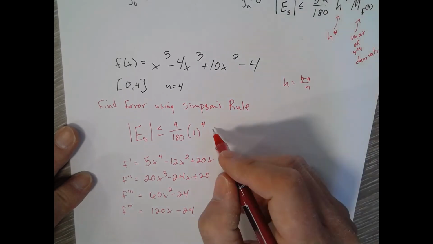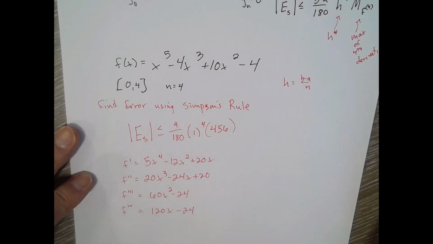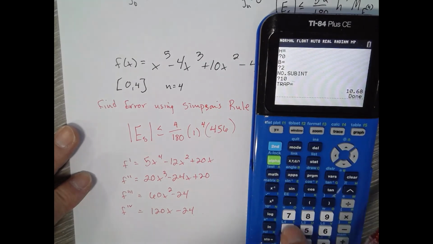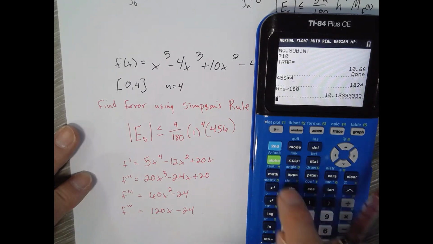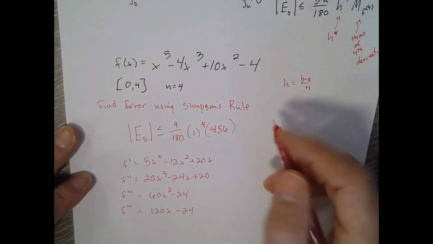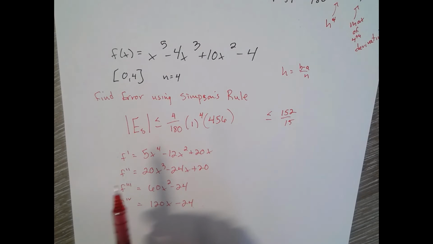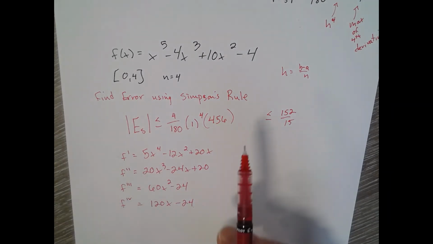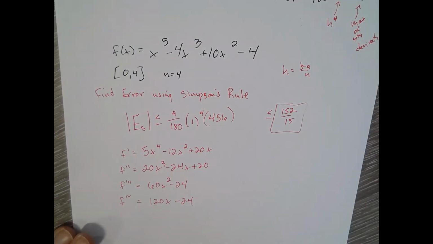So 456 times 4, and divided by 180. Math, enter, enter, and I get 152 over 15. So when we use Simpson's on the interval, the error will be smaller than or equal to 152 over 15 as far as the area estimation goes.